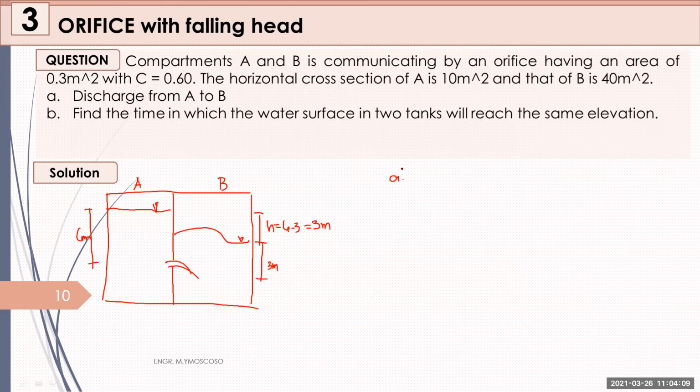So, for letter A, let us try to find the discharge from A to B. That would be Q is equal to CA square root of 2GH. So, you have 0.60 times pi over 4 times, oh, meron pa tayong area ng orifice.